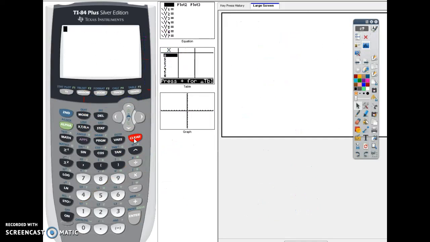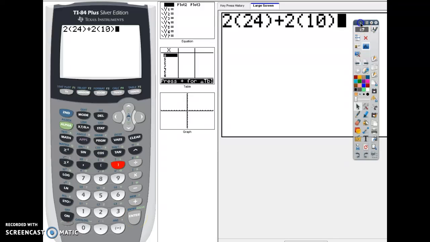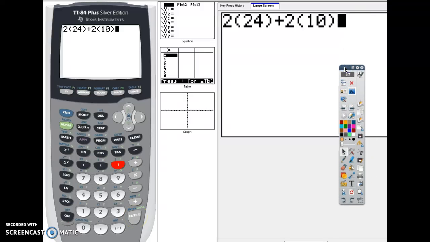So clear. We're going to put 2 parentheses 24 close parentheses plus 2 parentheses 10 close parentheses enter. And see if it gives you 68. And it does. So check. That one is checked off.